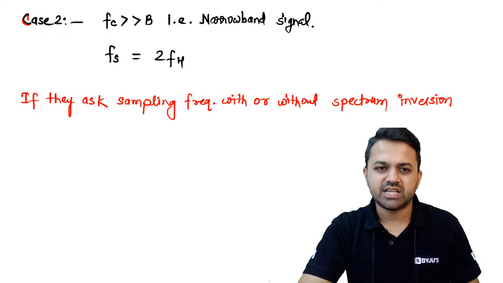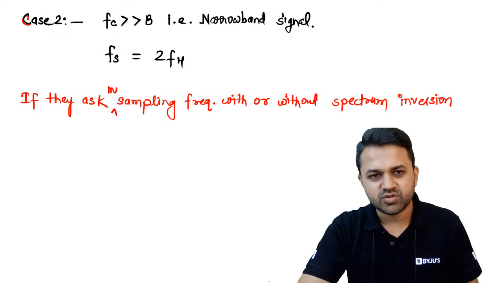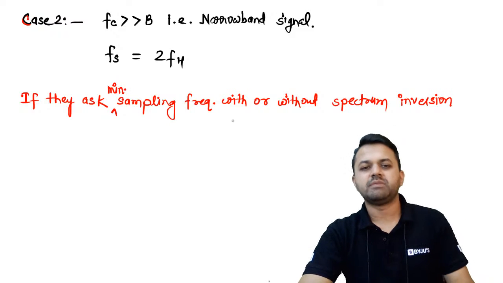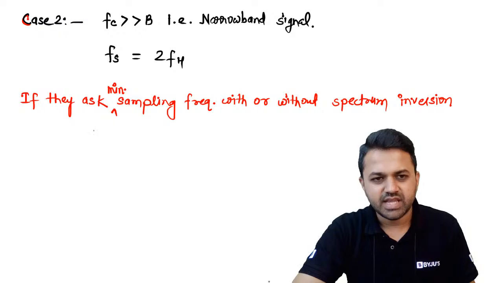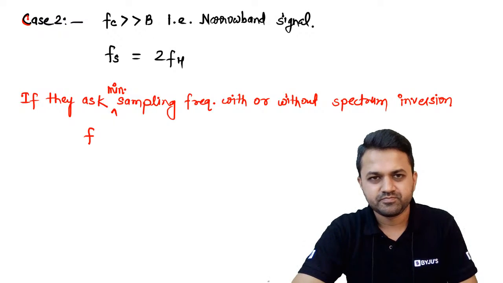If they ask for the minimum sampling frequency with or without spectrum inversion, then you have to apply this formula.